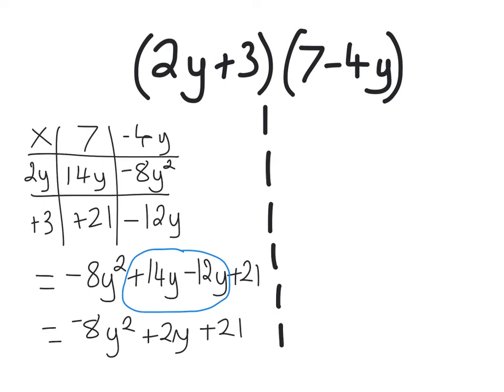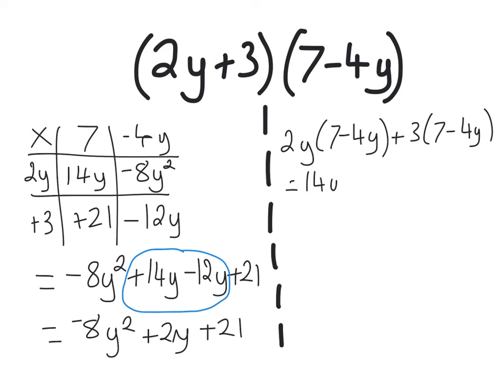And doing this second bracket twice way, we're going to do 2y times by 7 take away 4y plus 3 lots 7 take away 4y. So 2y times by 7 gives me 14y. 2y times by negative 4 gives me negative 8y squared. 3 times 7 gives me 21. 3 times negative 4y gives me negative 12y.